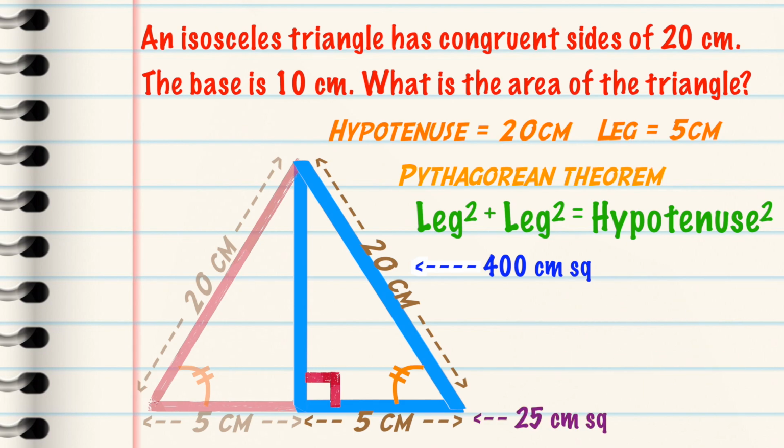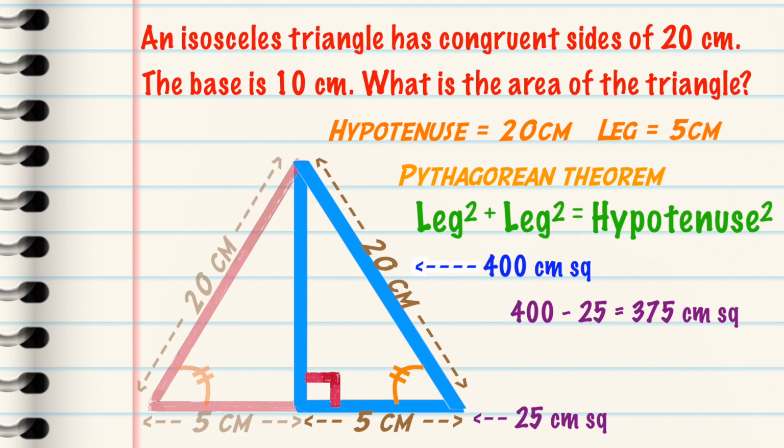So now, to find the square of the other leg of the right-angled triangle, we can do 400 centimeters squared minus 25 centimeters squared, which is 375 centimeters squared. Perfect.